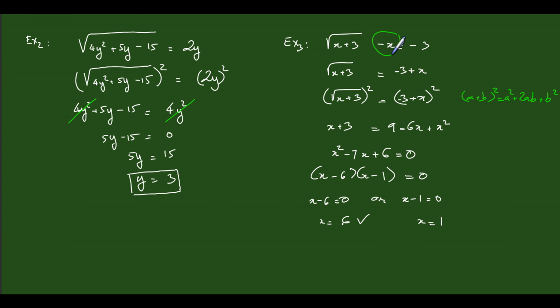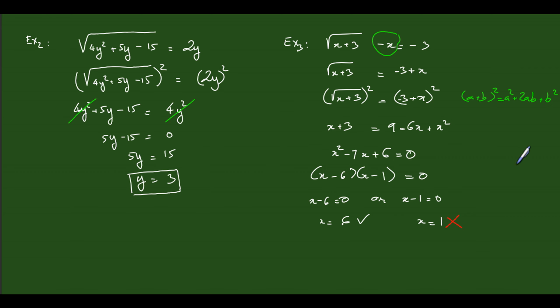So x equals 1 doesn't work, because 2 minus 1 is 1, it's not negative 3. So this is not working. You always have to check.